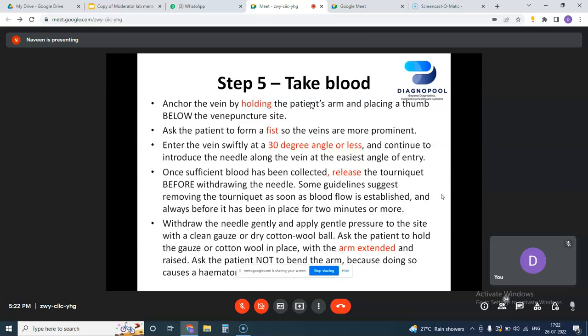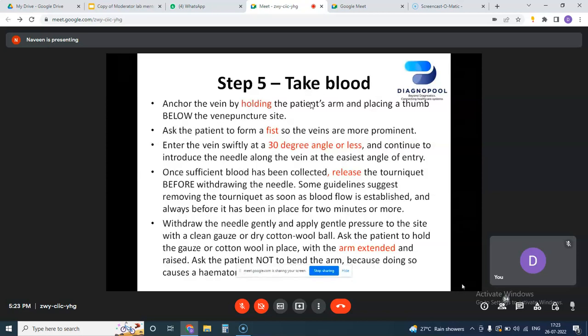Here, if the patient forms a fist, then the veins will be more easily visible. And when entering the vein, remember, the angle of the needle should be 30 degrees or less. Okay. So once you introduce the needle and the blood starts flowing, then you can release the tourniquet.